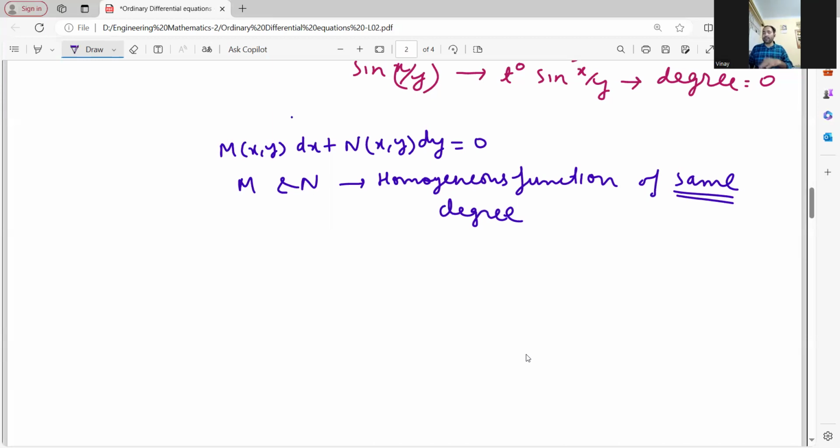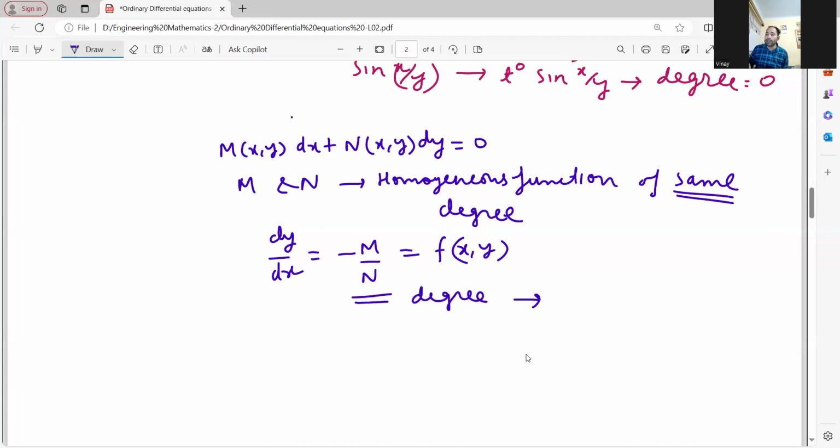You can easily find out, the way we defined homogeneous function earlier. If they are like that, can you write dy by dx is equal to minus M by N? You can, and this is going to be another function f(x, y). Now, intuitively, can you tell me the degree of this M by N?